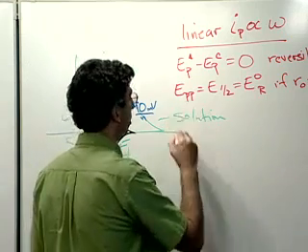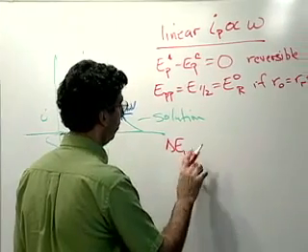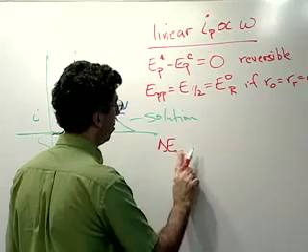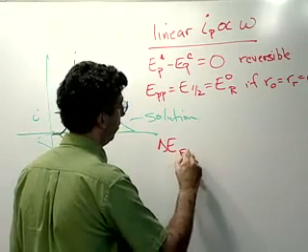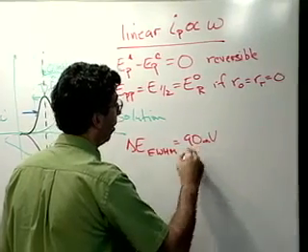So delta E, let's see, I have to continue my list down here. Delta E, full width at half max, equals 90 millivolts divided by n.